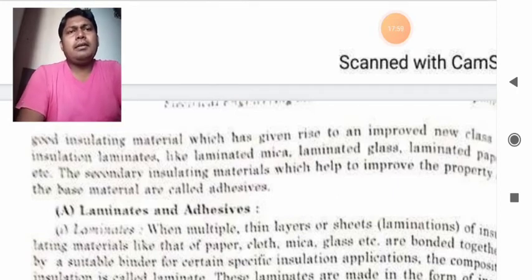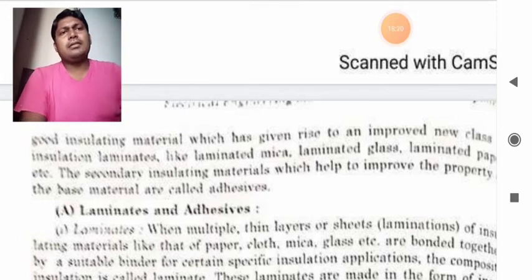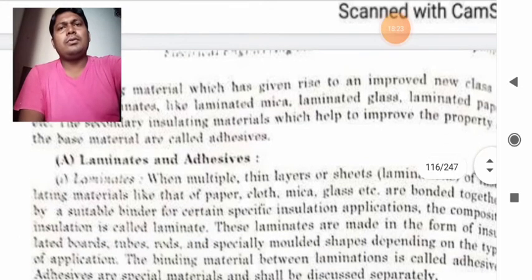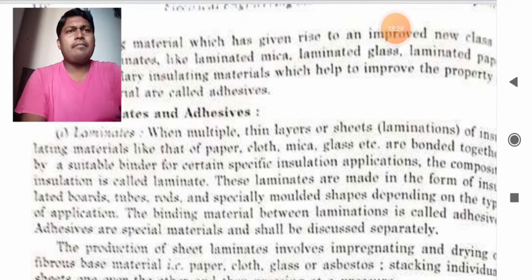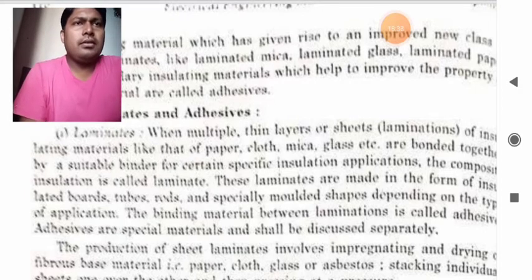Like laminated mica, laminated glass, laminated paper, etc. The secondary insulating materials which help to improve the property of the base material are called adhesives. Laminates and adhesives. Now, laminates we will discuss first. When multiple thin layers of sheets of insulating material like paper, cloth, mica, glass, etc., are bonded together by a suitable binder for some specific insulation application, the composition is called laminate.